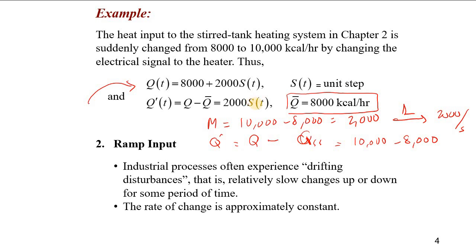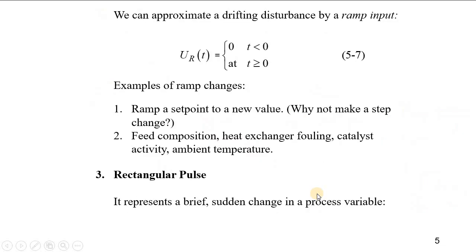For example, I'm introducing a step input and then another step input and another step input, from one point to another point at a different time. How do I show this? I show it by putting s as a function of t. This just means at what time it is happening, and that's for the step input.